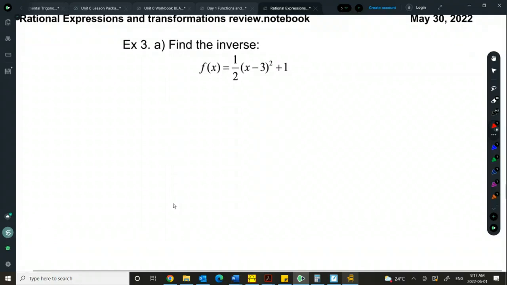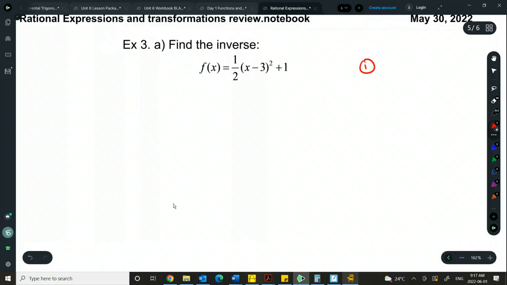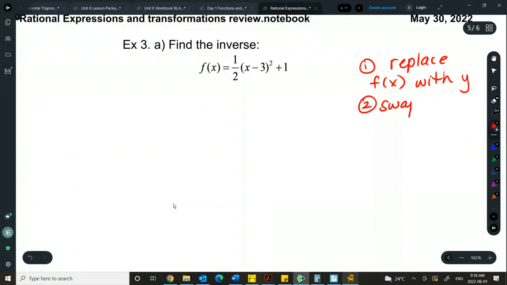Okay, in this unit, it's probably also good for us to recap inverse functions. So the process of finding an inverse is 4 quick steps. Replace any function notation with y. Some of you did this for your video tutorials, so you might recognize this. Swap all x's and y's.